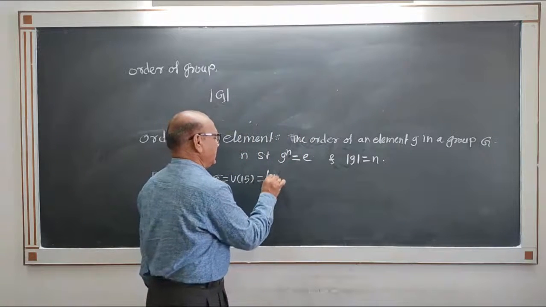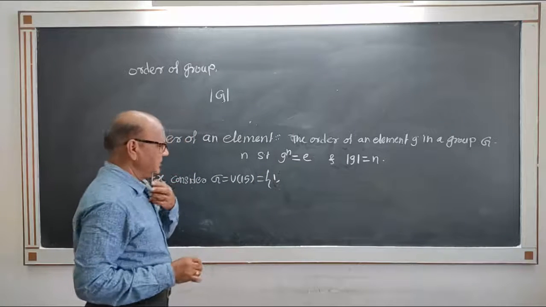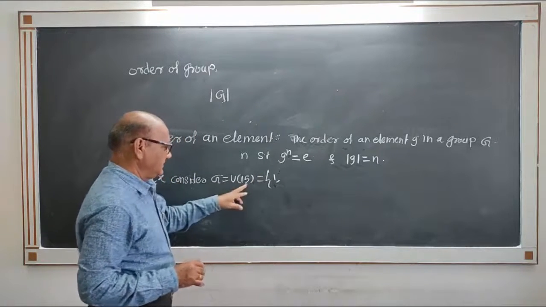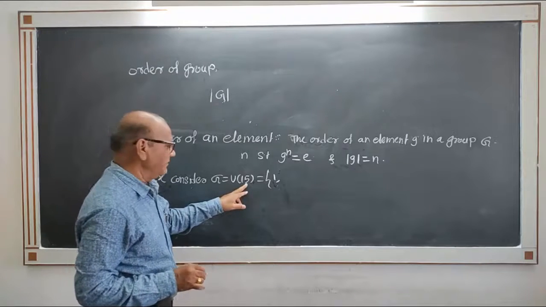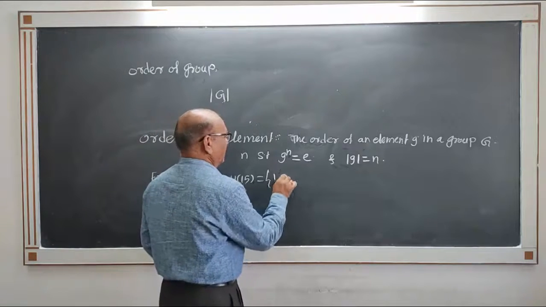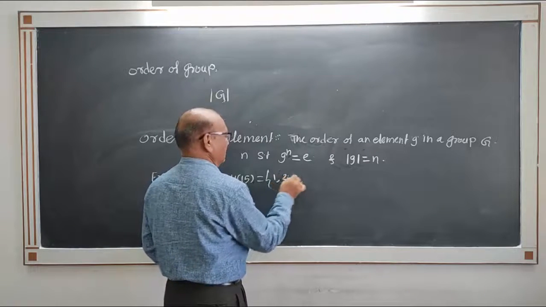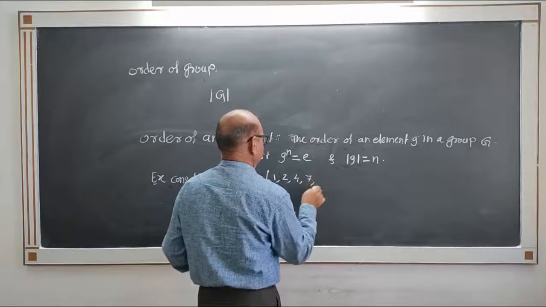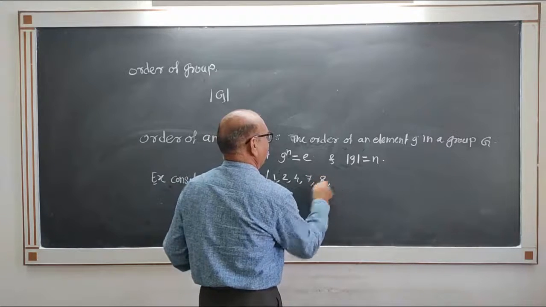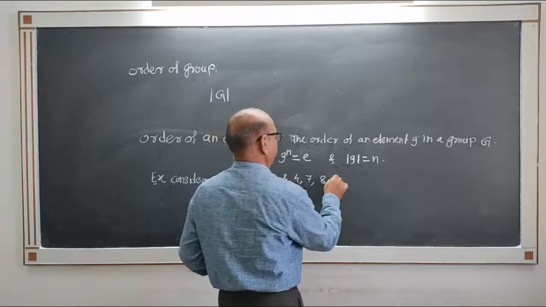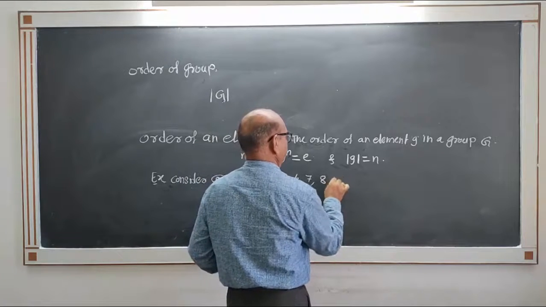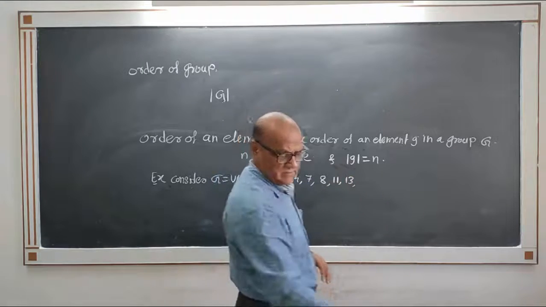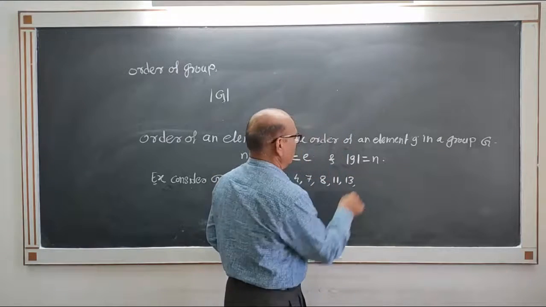That means all integers less than 15 and relatively prime to 15: 1, 2, 4, 7, 8, 11, 13 and 14.